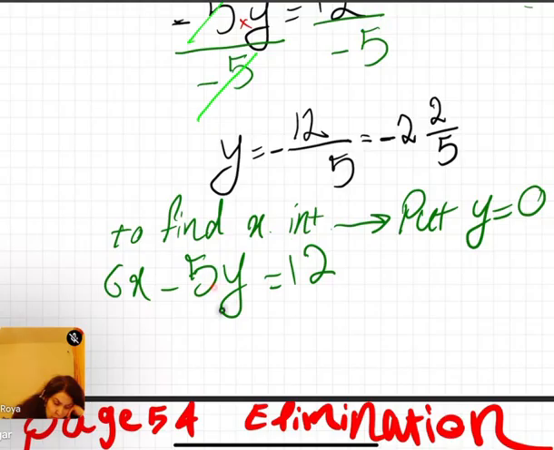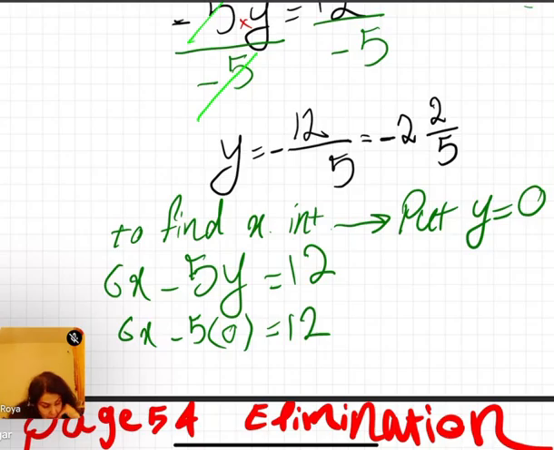So instead of y, put 0. We have 6x minus 5 times 0 equal to 12. So 6x equal to, negative 5 times 0 is 0, equal to 12.